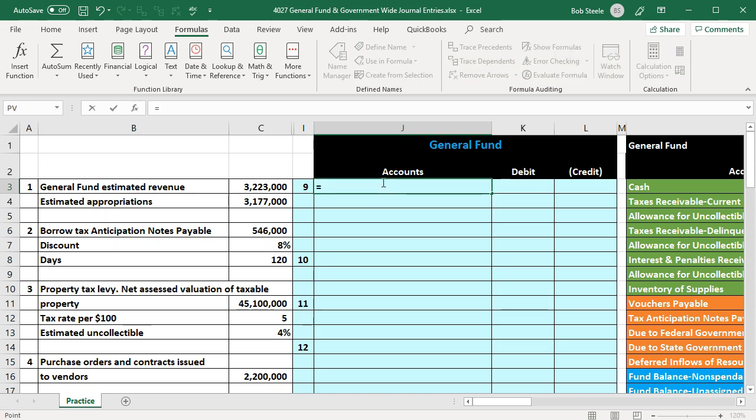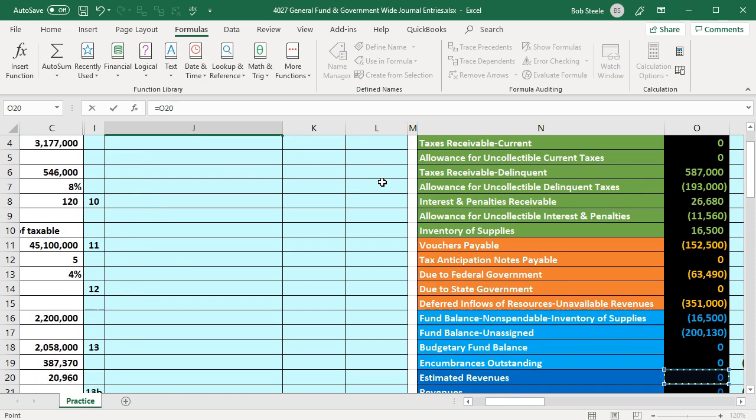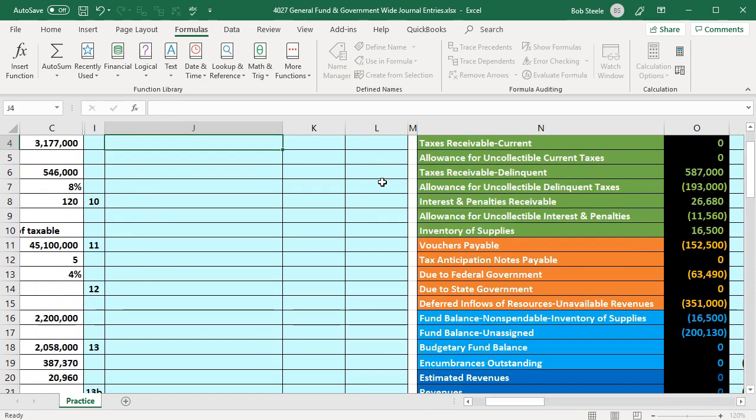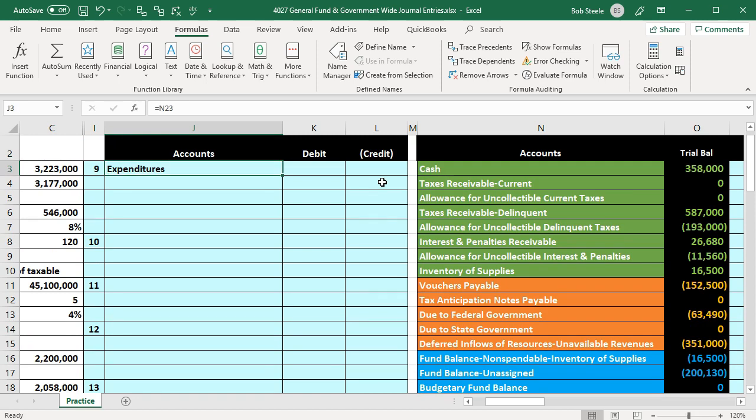So we're going to say the debit is going to go to an expenditure, like an expense type of account. And then we're going to have the payables in terms of the withholdings that we're going to have to pay. So we're not going to get into payroll per se, but we're going to have the payroll, and then we're going to have withholdings from payroll, which would include federal income tax, possibly Social Security and Medicare, depending on if they're subject to those, given the fact that they're government employees.